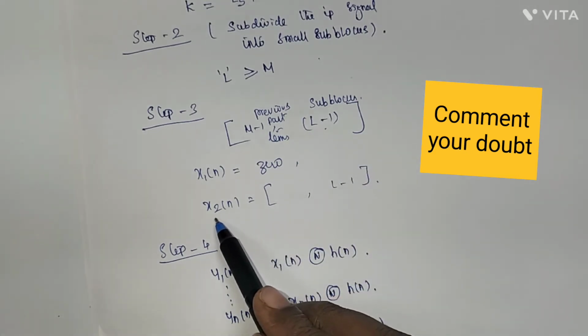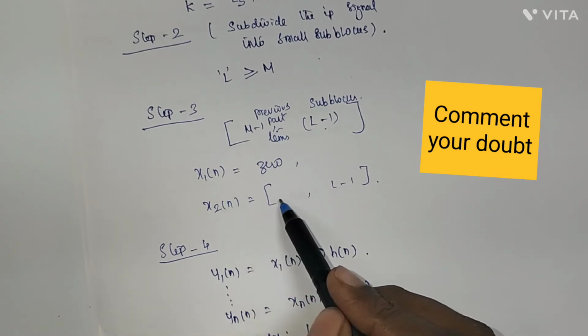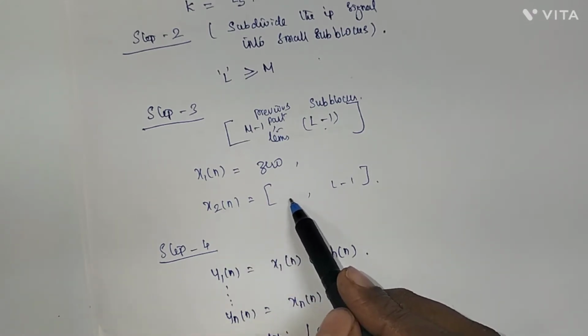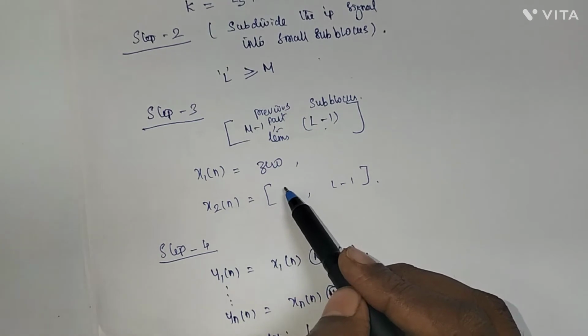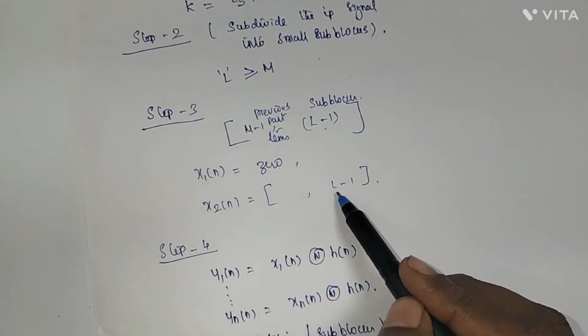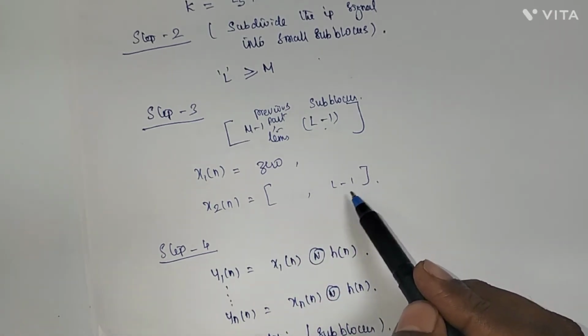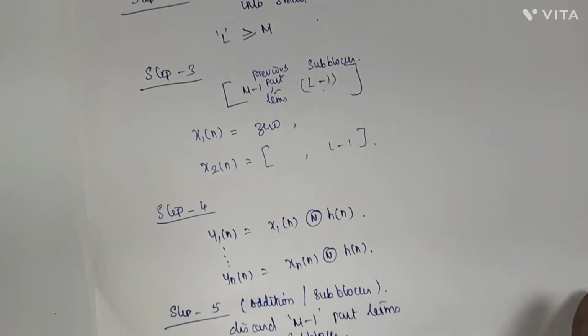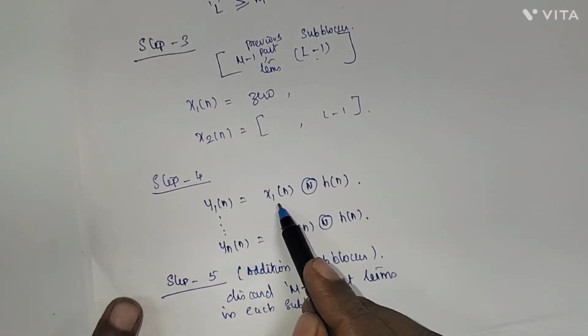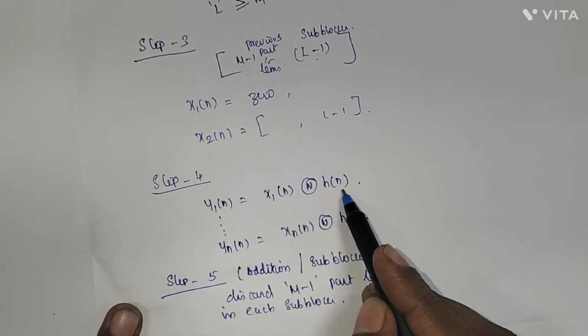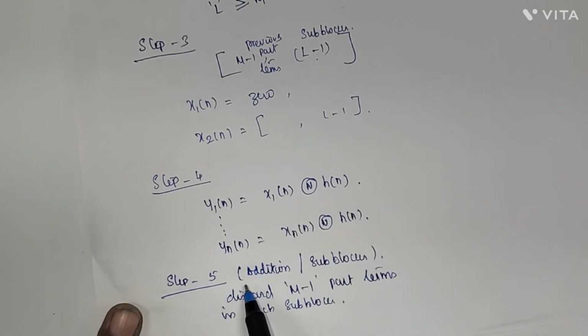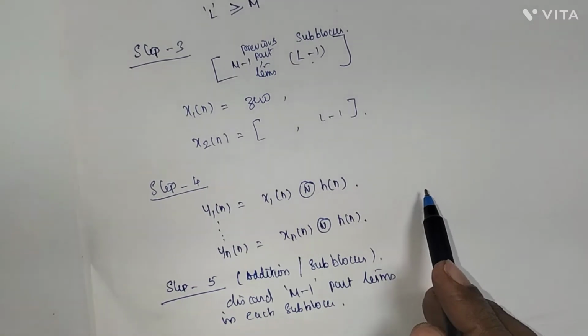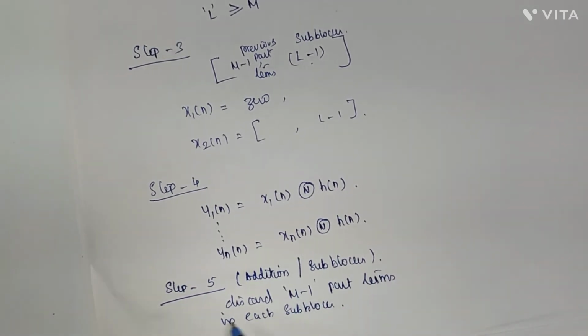For the following subblocks, it contains the m minus 1 previous terms and L minus 1 input samples. In step 4, do the circular convolution of each input subblock with the impulse response. Then in step 5, add all the subblocks and discard the m minus 1 past terms in each subblock.